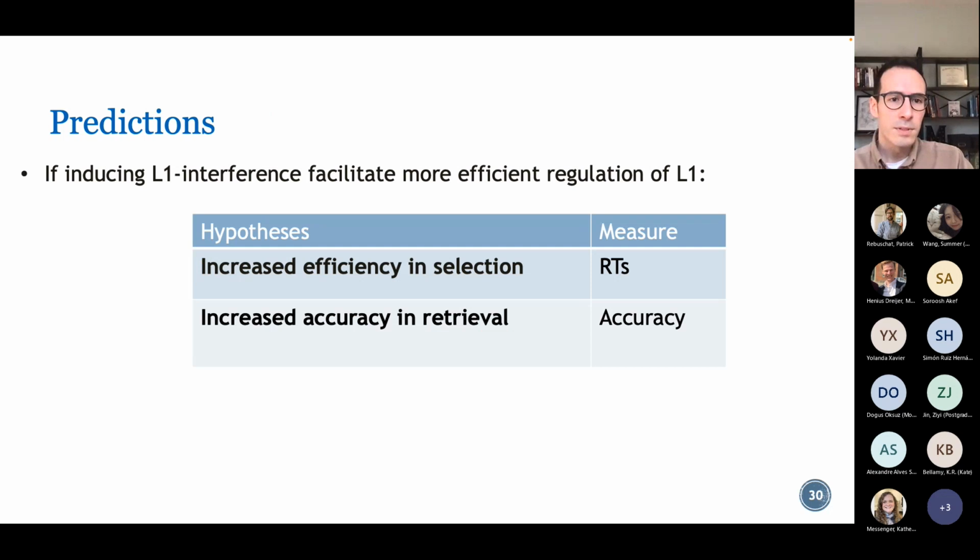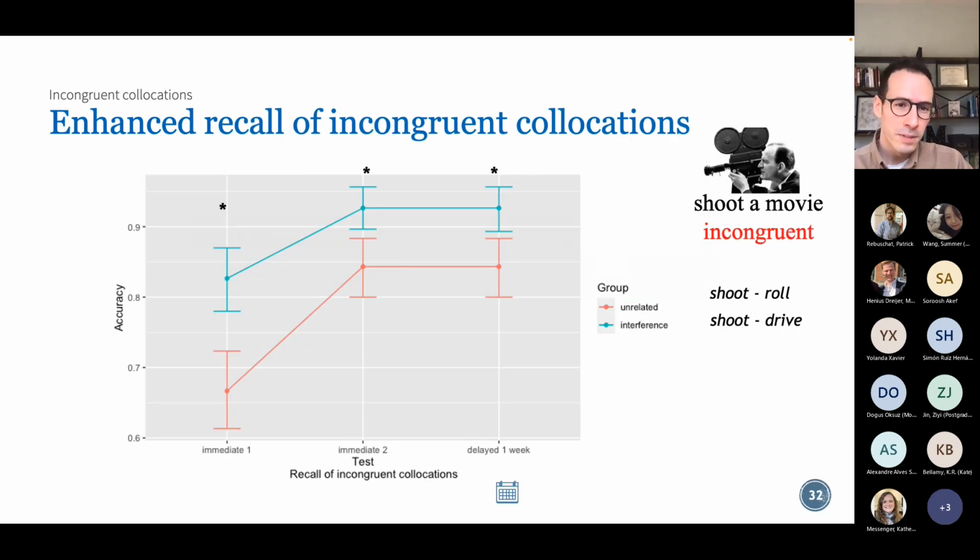So that supports the first prediction in terms of the increased efficiency in the selection of the target verbs in the multi-word collocations. Now, ultimately, of course, we care about accuracy, and so timing in itself is not so relevant if learners are not making the correct choices. So, of course, we wanted to look at post-tests of learning.